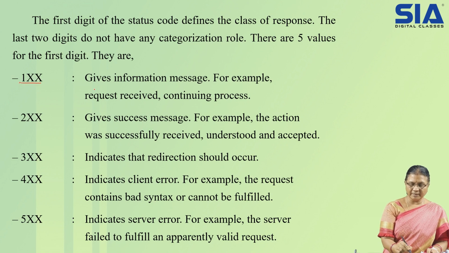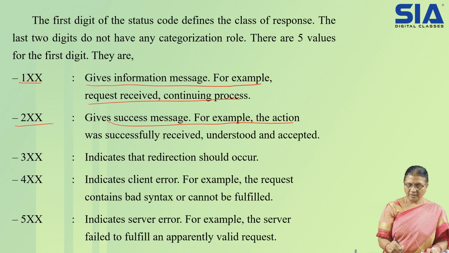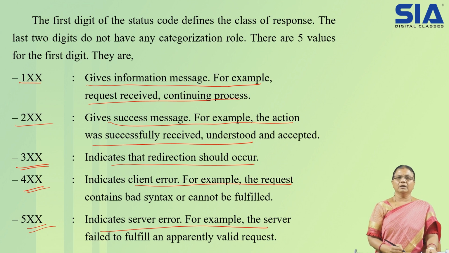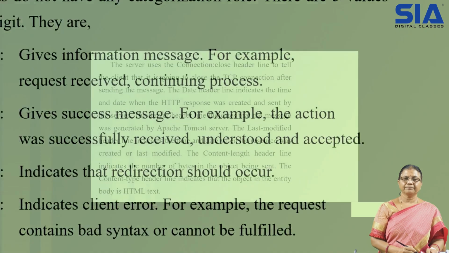1xx gives information, for example, request received, continuing process. 2xx gives a success message: the action was successfully received, understood and accepted. 3xx indicates redirection, 4xx indicates client error, and 5xx indicates server error. These are the digits which are used.